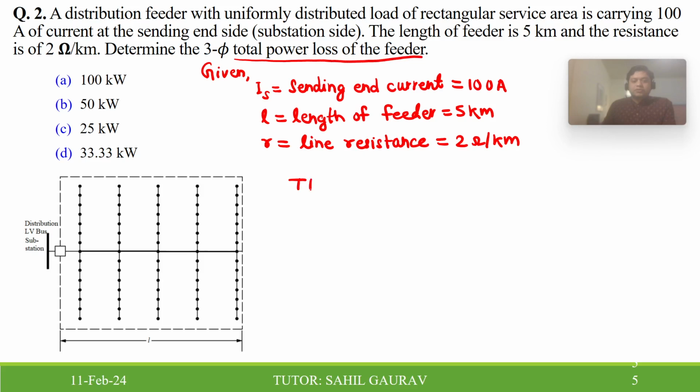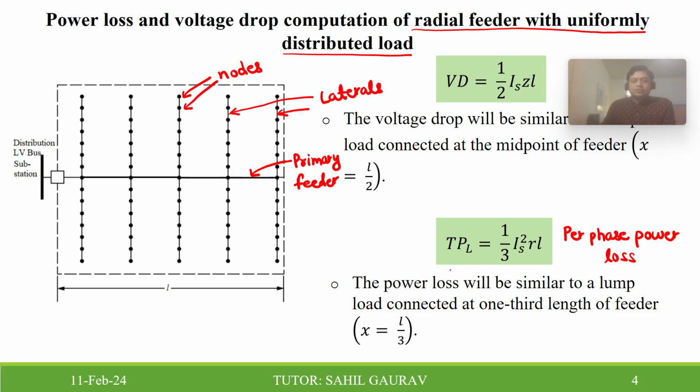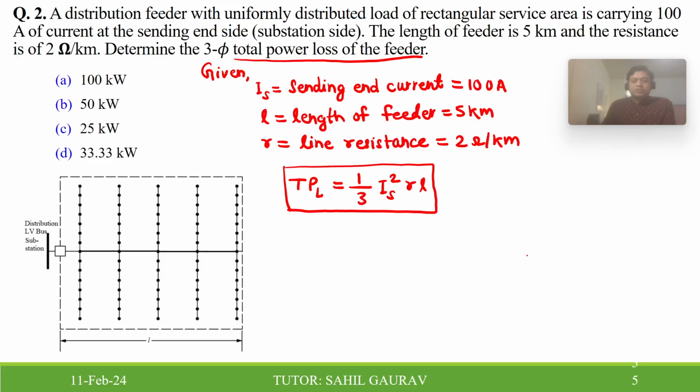So power loss per phase will be 1/3 of Is square RL. This we know from this expression. Per phase power loss is 1/3 of Is square RL.